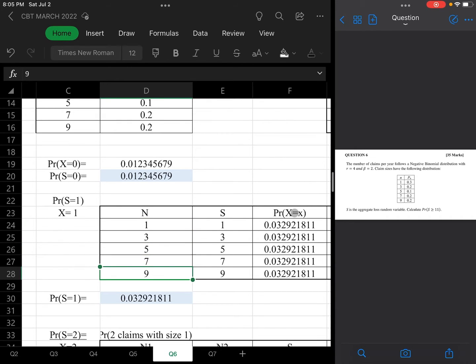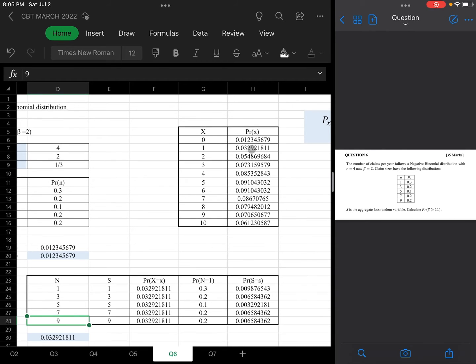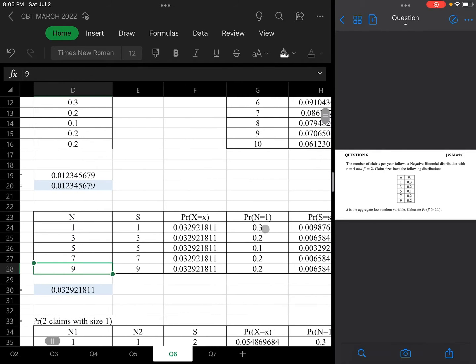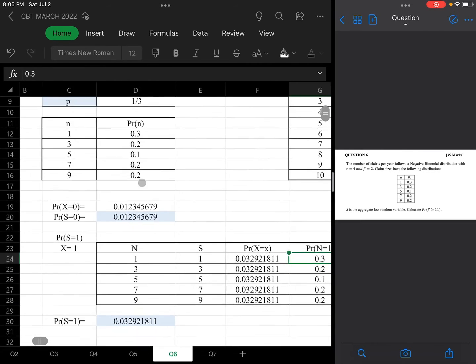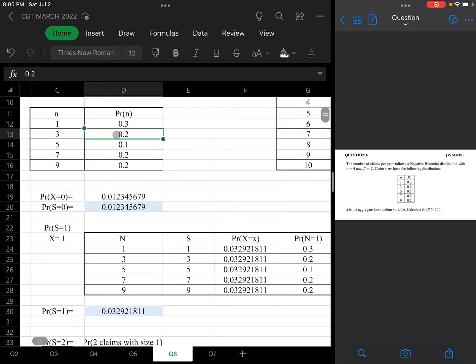The probability of x equals 1 is 0.32921811, which we just computed here. And the probability of n equals 1. This is basically the probability of the values of n here. The probability of 1 is 0.3, the probability of 3 is 0.2, the probability of 5 is 0.1, and for 7 it is 0.2 and 0.2 respectively for 9.